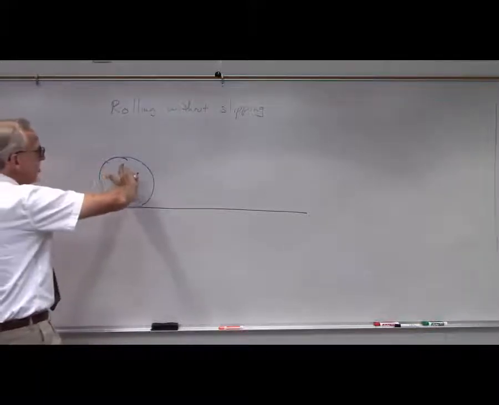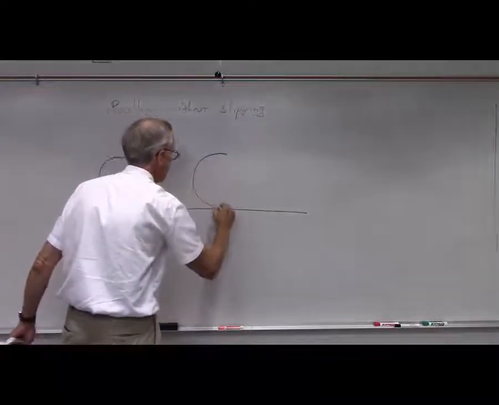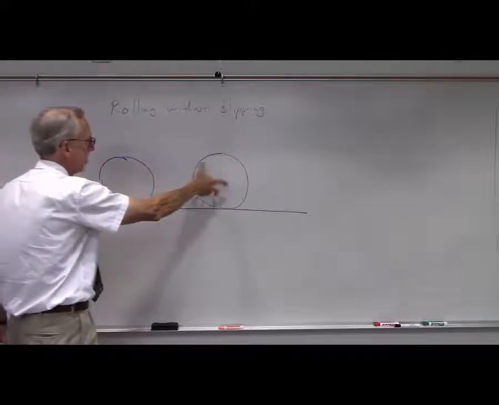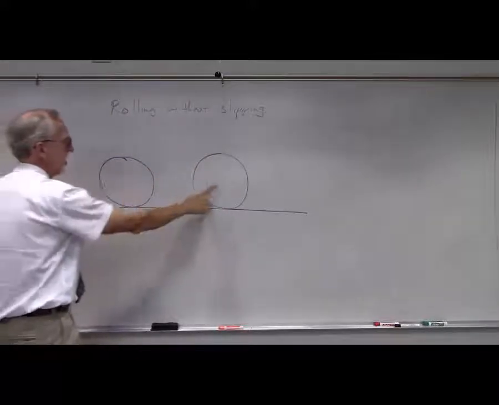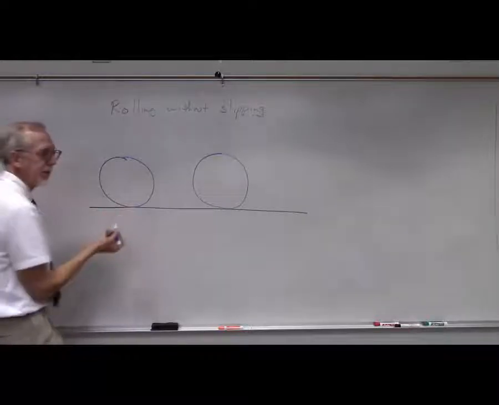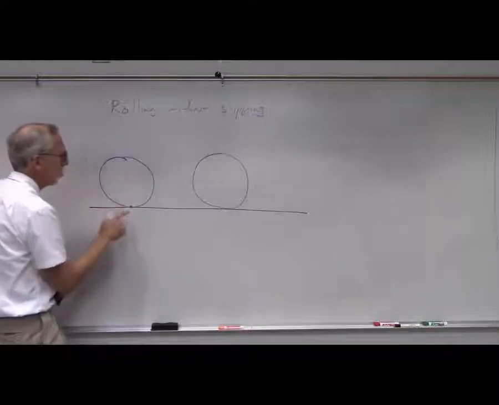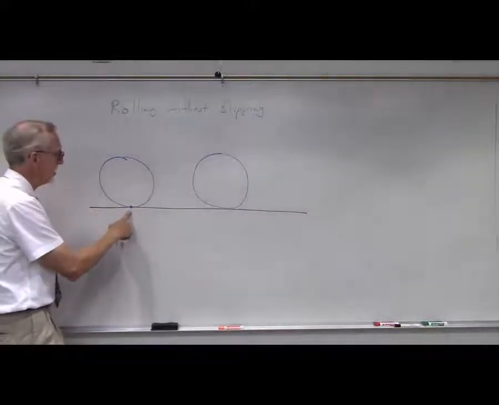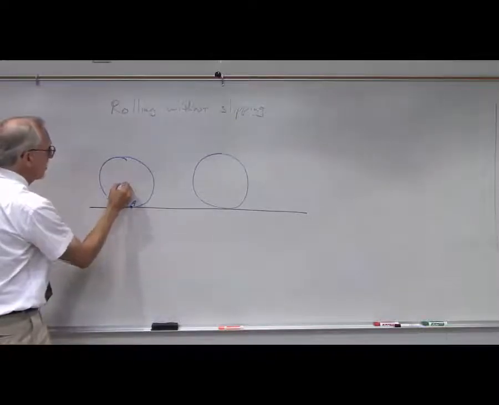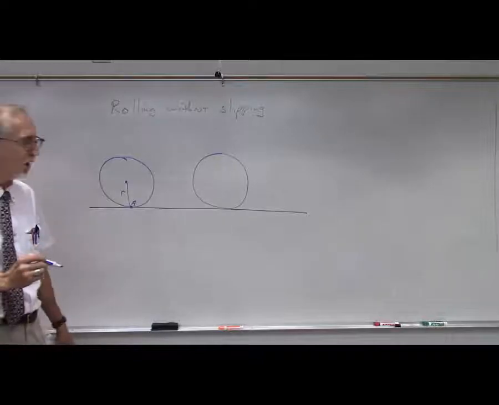And let's imagine that this wheel rotates along, and at some later point, it's over here. So here it is initially, here it is finally. Now I want to draw in some points. Let's draw a reference point on the wheel where the wheel is in contact with the ground initially. I'm going to call that point A. Here's the center, and we'll assume the wheel has some radius r.